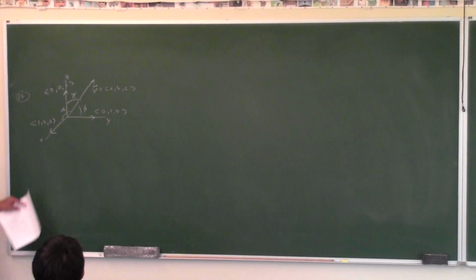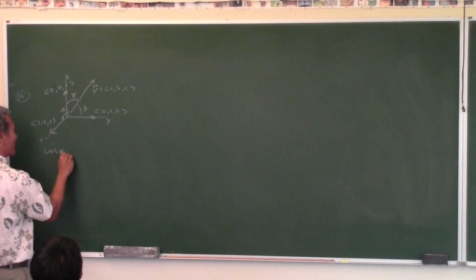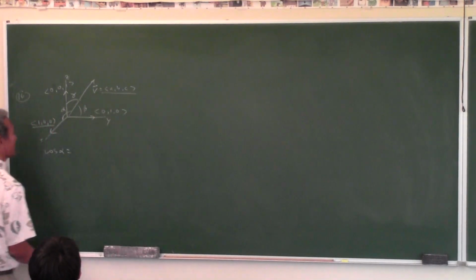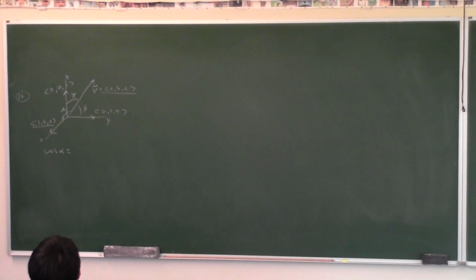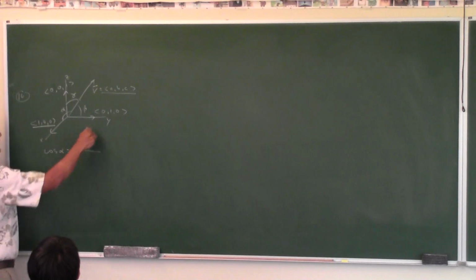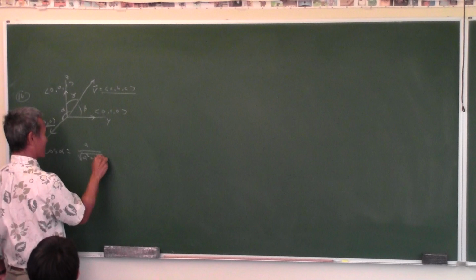So how do you find the angle right here? Cosine of the angle is equal to the dot product of the two vectors divided by the magnitudes. What is the dot product of vector v and this one right here? a plus 0, right? a over the length of this, which is 1, and the length of that, which is the square root of a squared plus b squared plus c squared, correct?